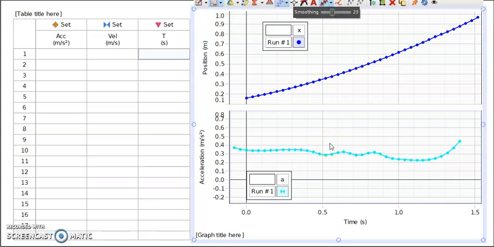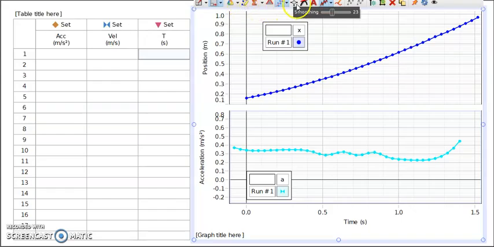Okay. Now, what we're going to do first is we need to find the average acceleration of the entire run. And so we will use our coordinates tool and we will pick 10 data points to find the acceleration of the cart. So let's start off.